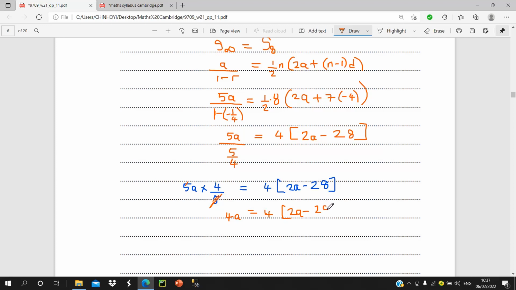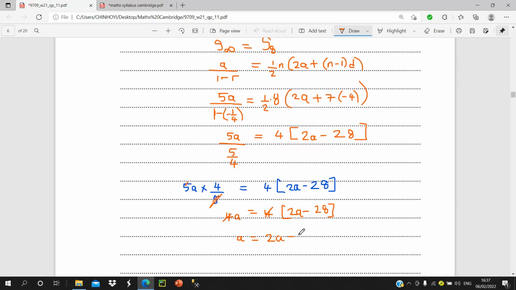As you can see, we have a common term, 4 and 4, so we can divide both sides by 4. 4 into this one is 4, 4 into this one is 1, they cancel. So we remain with a equals 2a minus 28.